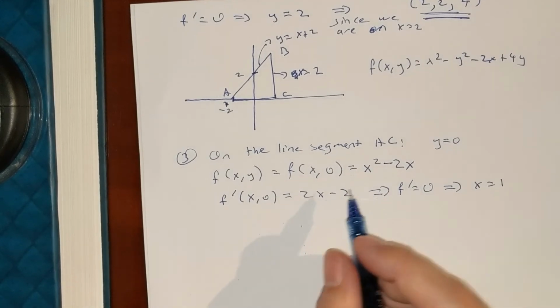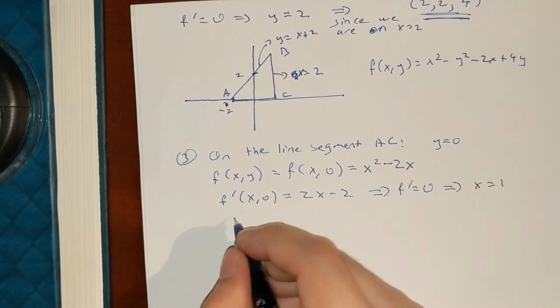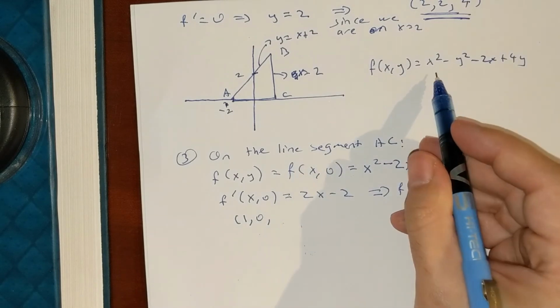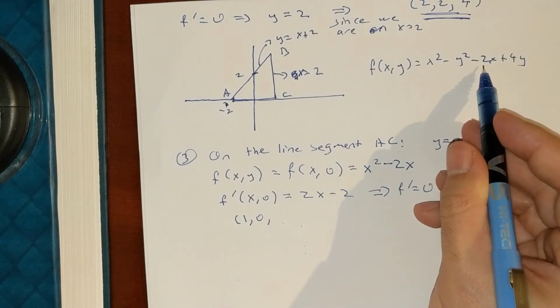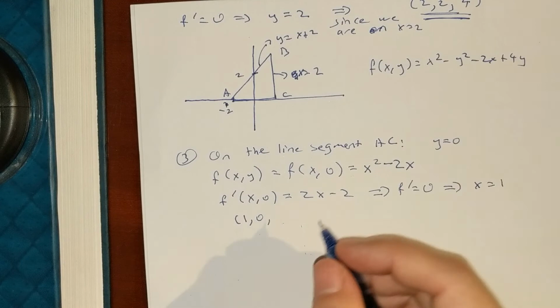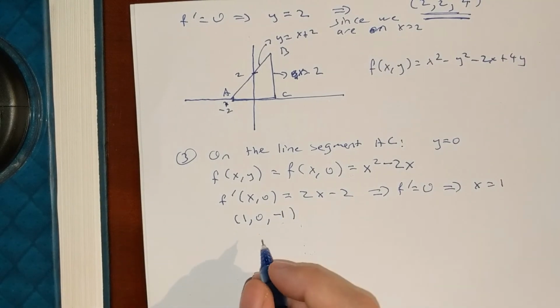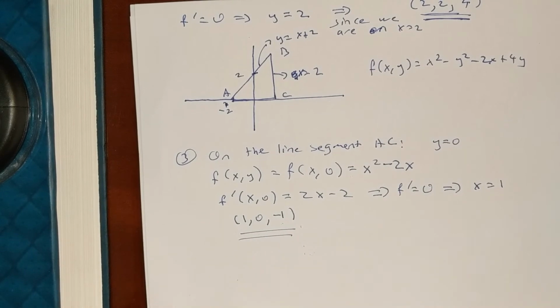But what's the y value? The y value is 0. So here we get the point 1, 0. Let's calculate the z: 1 minus 2 is minus 1. So this is the other candidate.